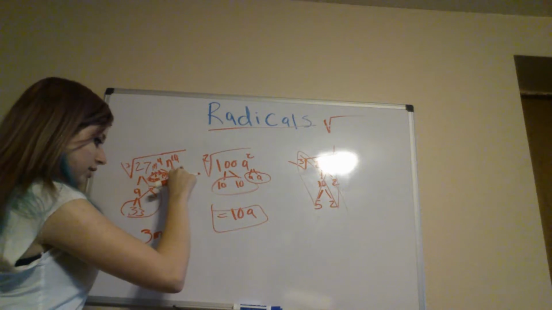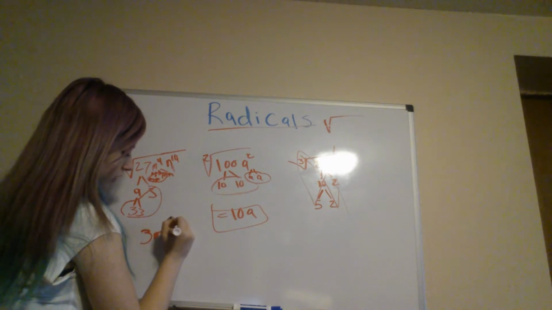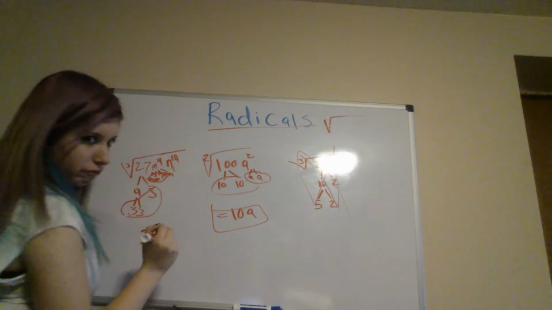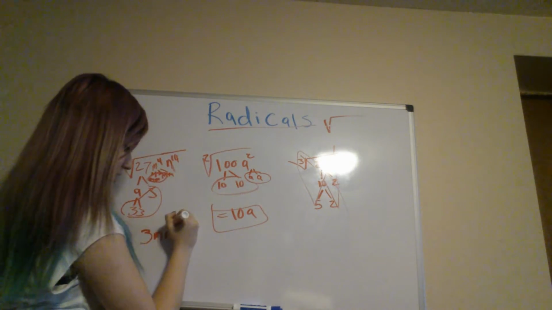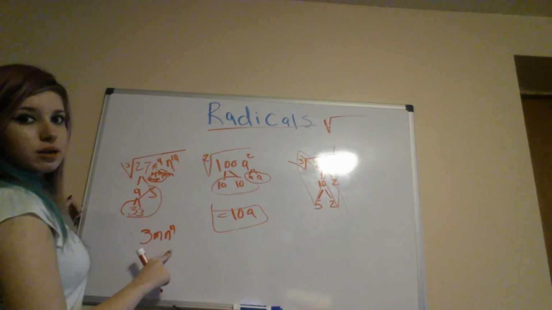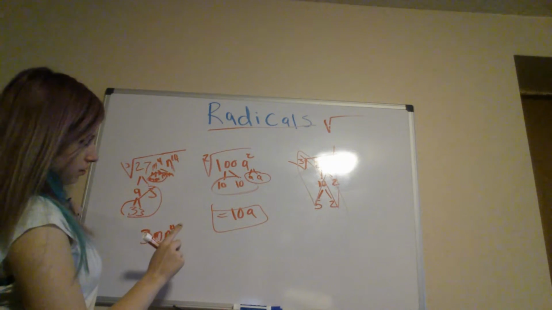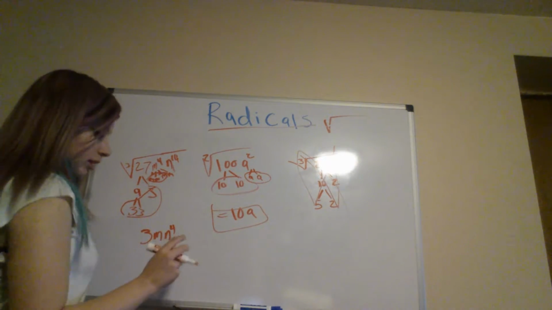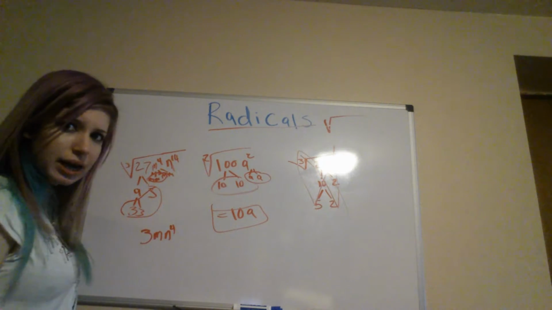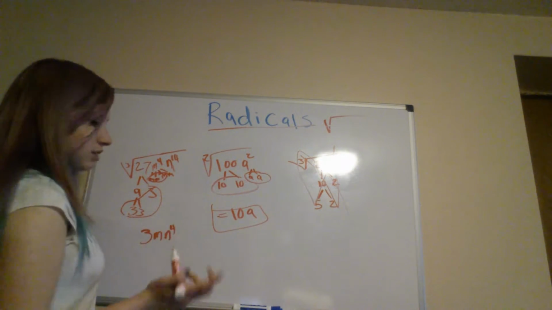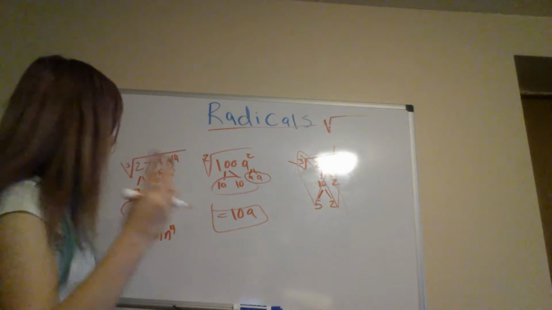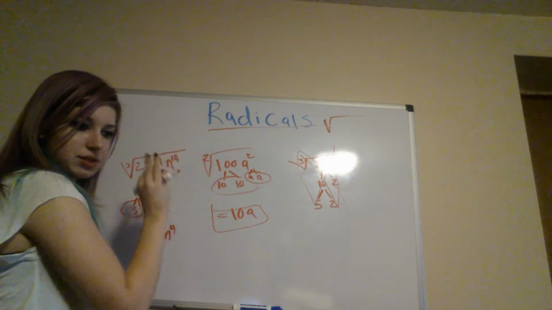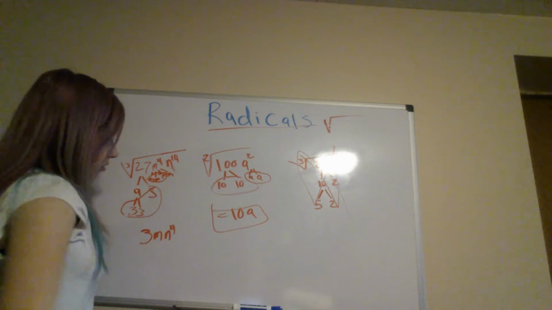And then this n to the 14th, we have 4 of. n to the 4th. We have it as an exponent because it wouldn't really make sense if we had 4n. No, we have n to the 4th because we had 4 groups of 3n. Groups of 3. We have 4 of those.